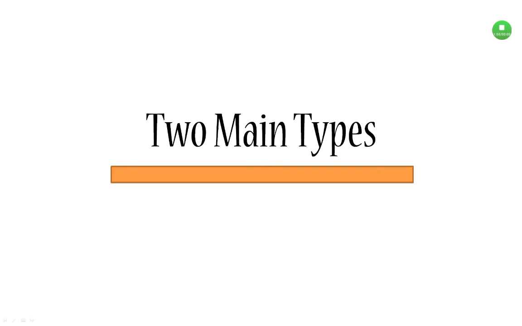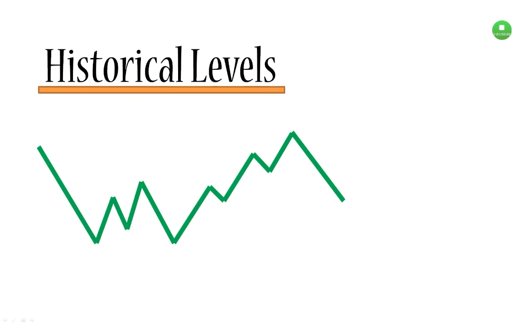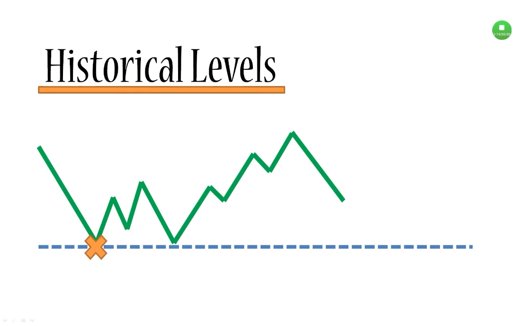There are two main types of support and resistance levels, and these are historical and psychological. Let's have a look at the historical type first. Looking at this chart, can you identify any horizontal lines that have been tried and tested by the price more than one time? We can see one of those lines right away. It's this horizontal support line, and the price tested this line over here at first, and then it came back to this line here.